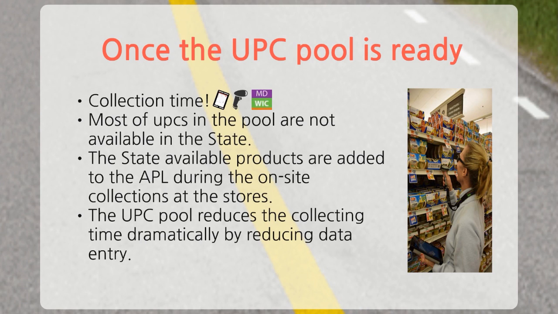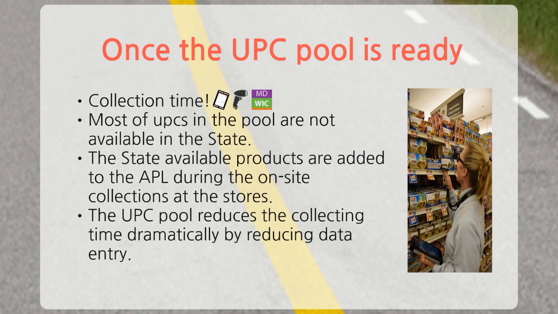Most UPCs in the pool are not available in our state because those UPCs are collected nationwide, right? So the state-available products are added to the APL during the on-site collections at the stores.